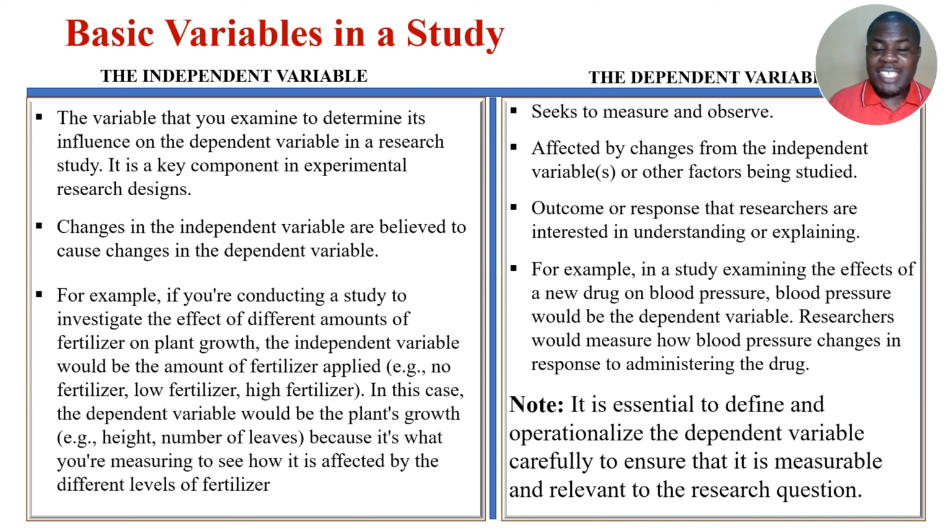So in this case, the dependent variable is what you are measuring to see how it is affected by the different levels of fertilizer application. Now you can look at this, you will see that the fertilizer application was decomposed into 3: no fertilizer, low fertilizer, high fertilizer. So it depends on how you want to structure your research.